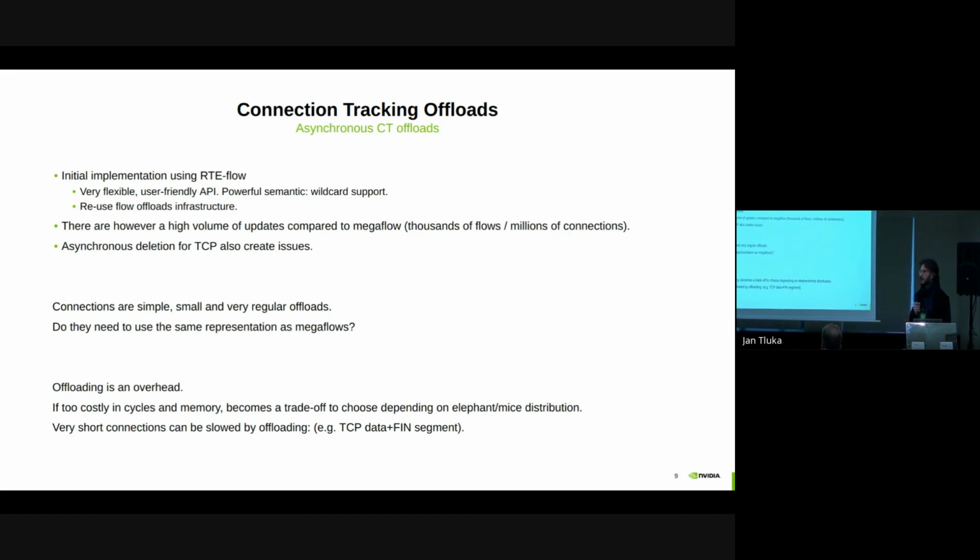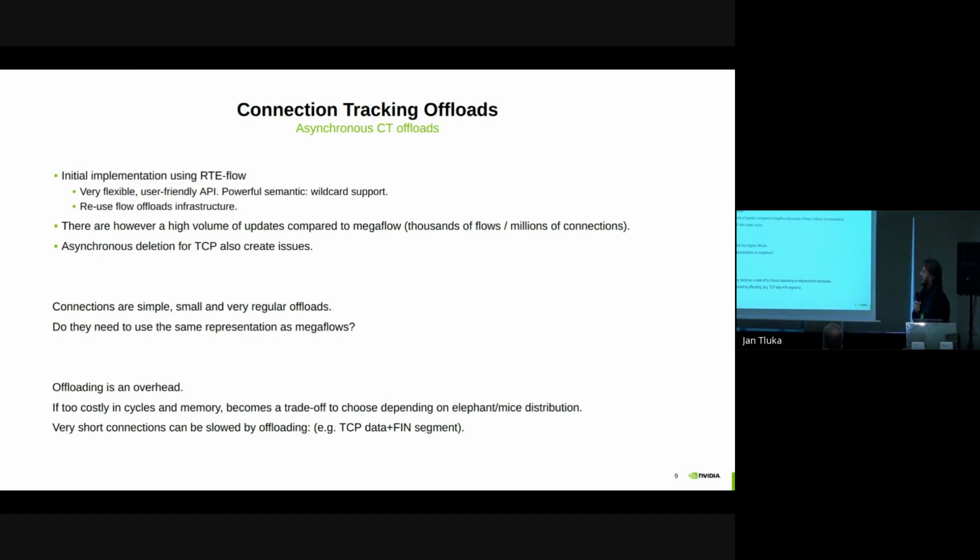Additionally, I want to stress a point, which is that offloading is not an end in itself. It's only meant to accelerate, and it's an overhead. So if that overhead is too costly, then the acceleration is nil. You are actually just losing cycles, losing memory to do this offloading. And depending on the kind of connections that you offload, it could be a net loss.